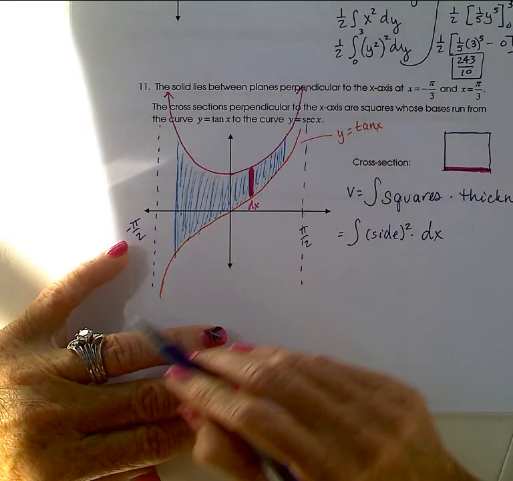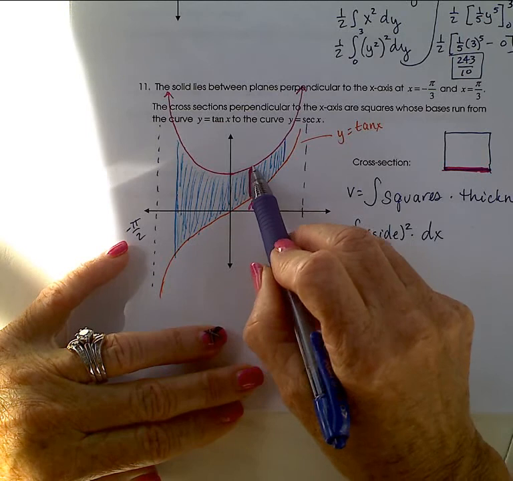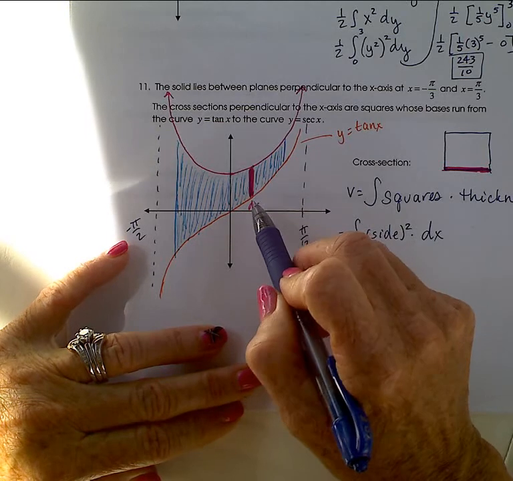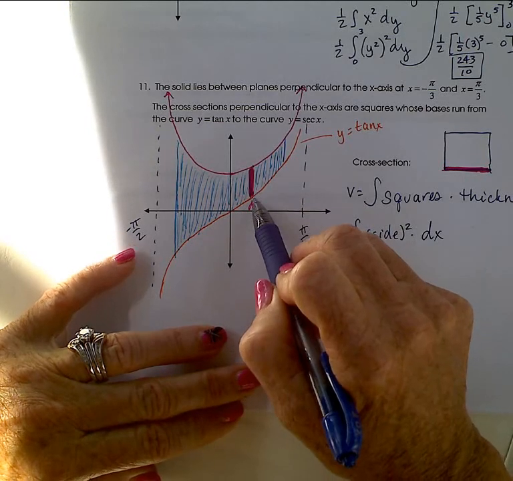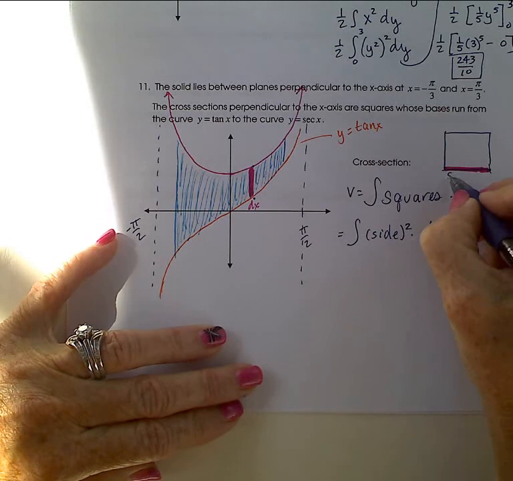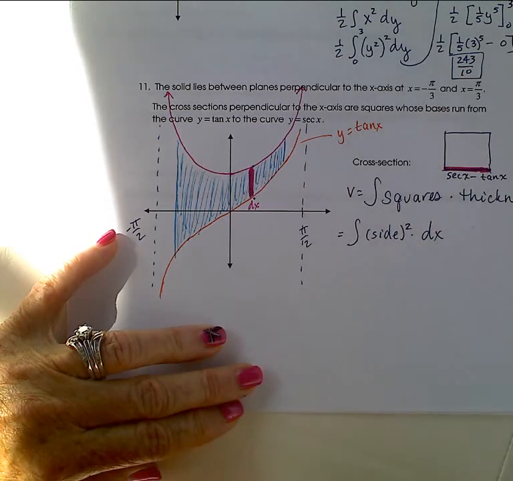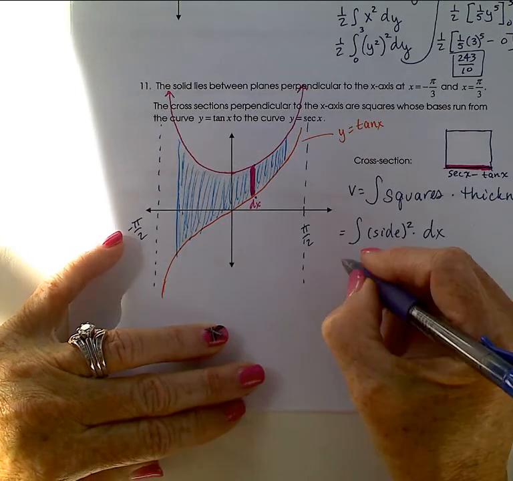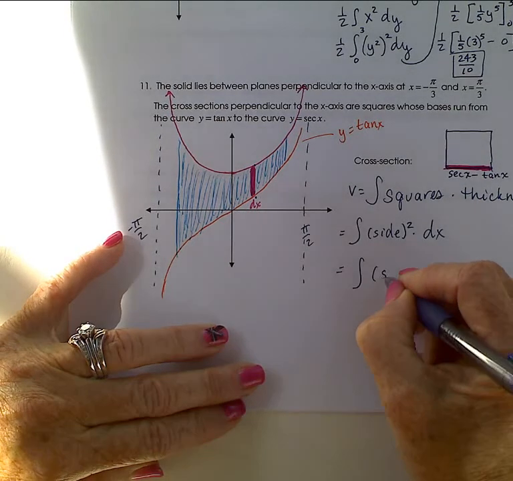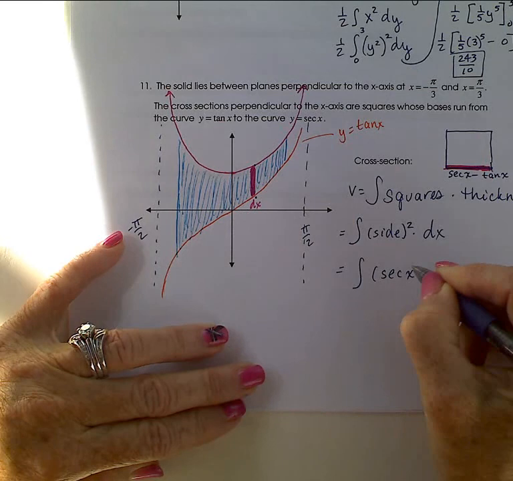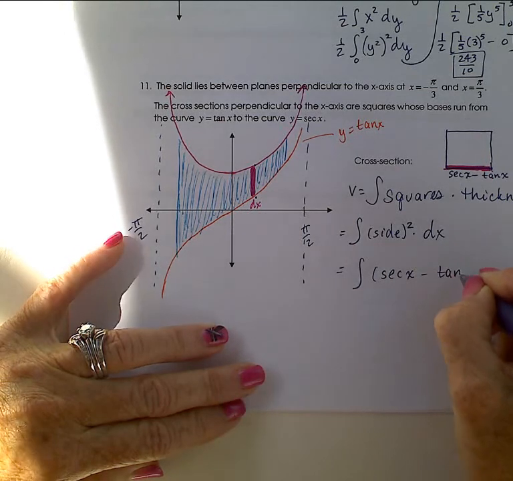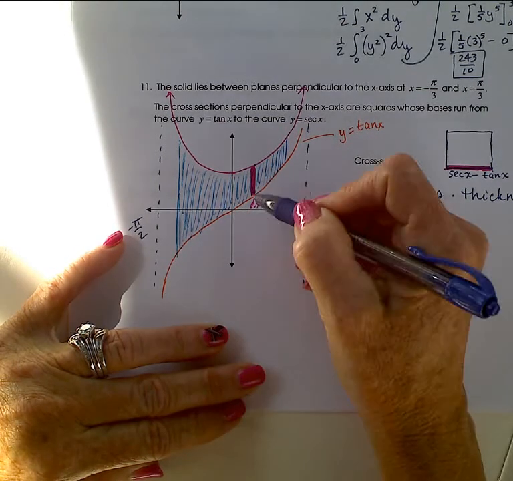Well, how long is that? Isn't that the y to the secant curve minus y to the tangent curve? Or secant x minus tangent x? That's this distance right here.